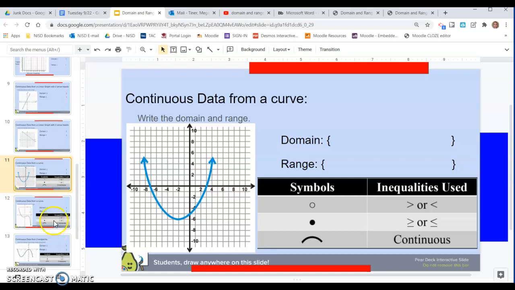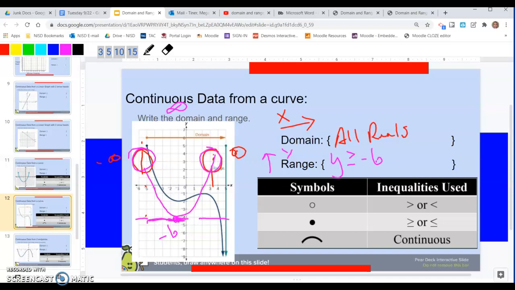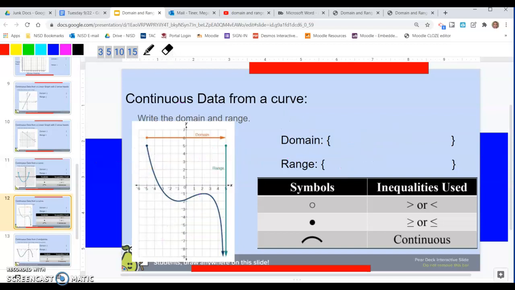Okay, what other examples have arrows? This one has an arrow as well. So we can look at domain first. Domain is a set of all x values. So x runs from the left to the right. So let's start on the left. I see a closed circle on the left, but on the right, I see an arrow.